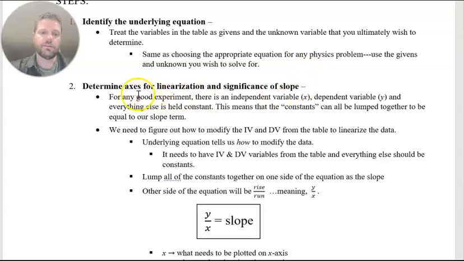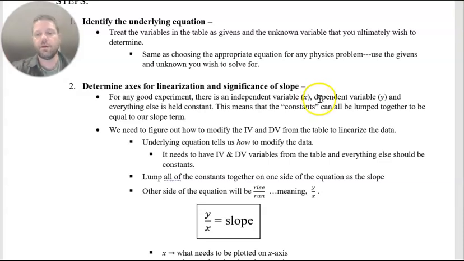Okay, and so once we have that underlying equation, that's going to allow us to determine the axes that we need for our linearized graph. As it says here, in any good experiment, we're going to have an independent variable. That would typically be what's on the x-axis. That would be values that you're choosing to test.